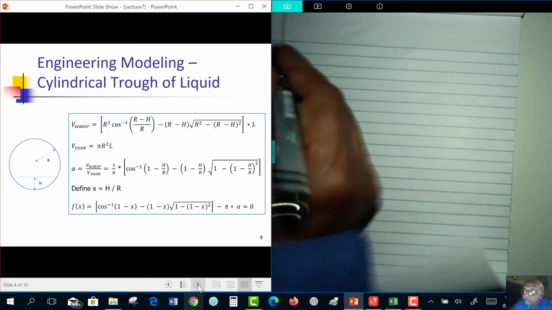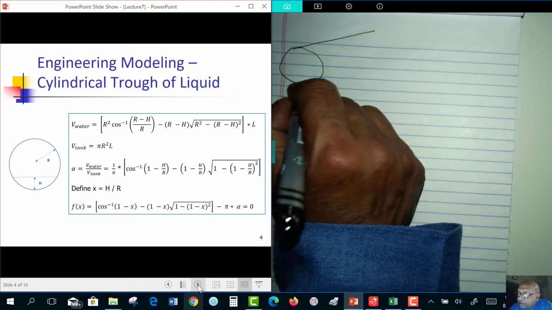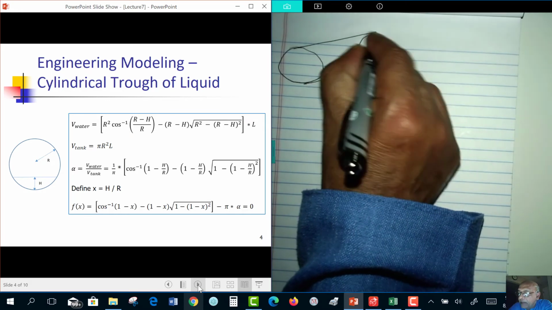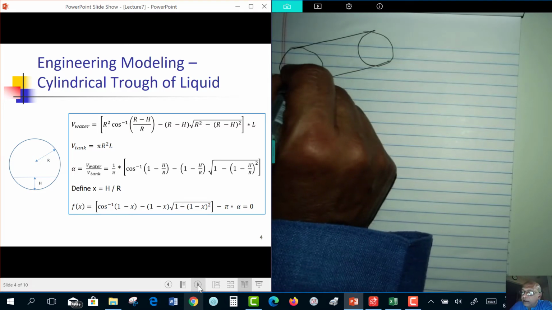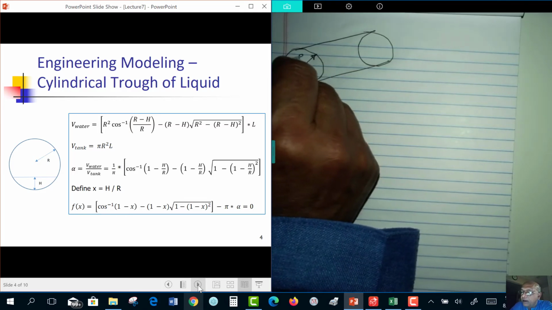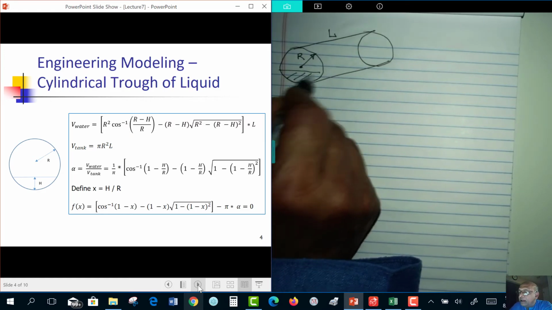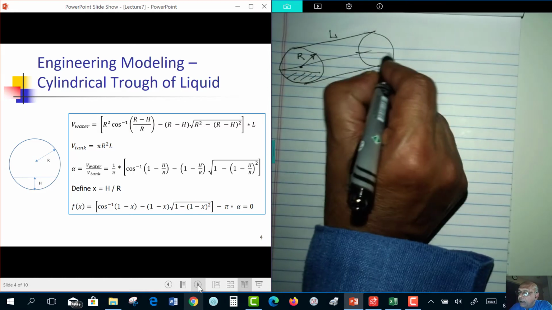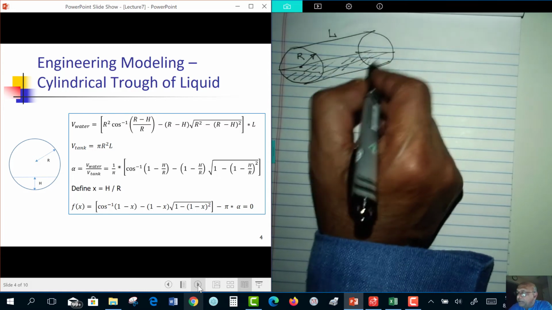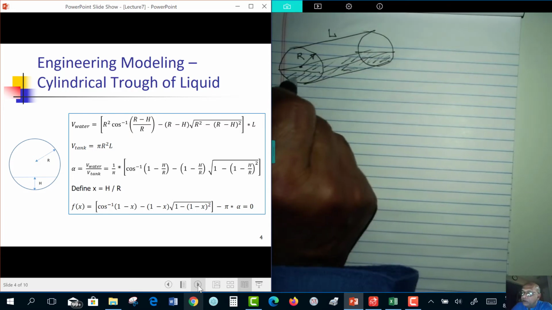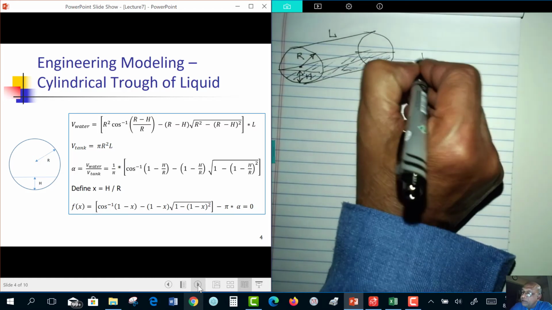So let's imagine we have a cylindrical trough, a pipe lying on the ground, and it has a radius of r and a length of L. And this cylinder is filled with some amount of water. So we are interested in finding out what is the height of the water.